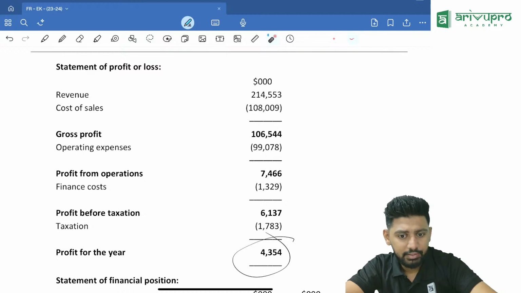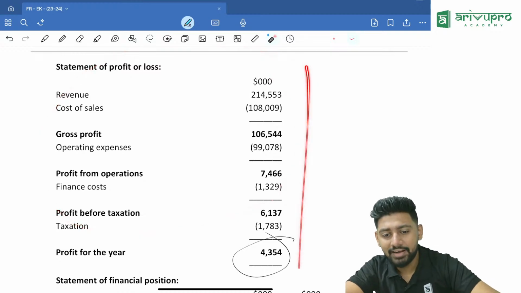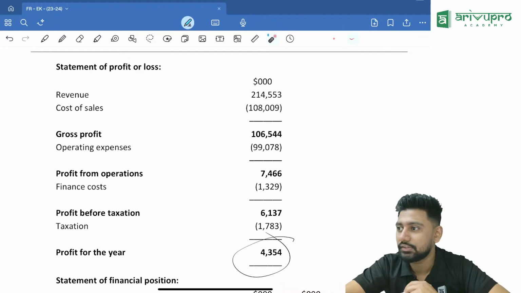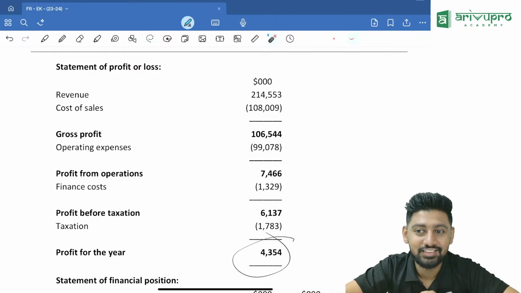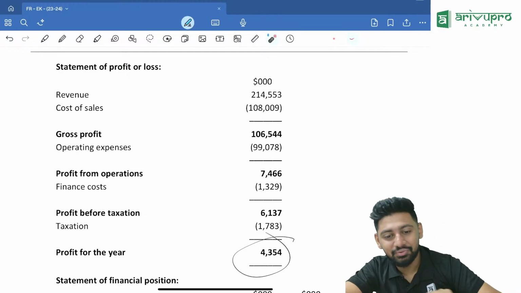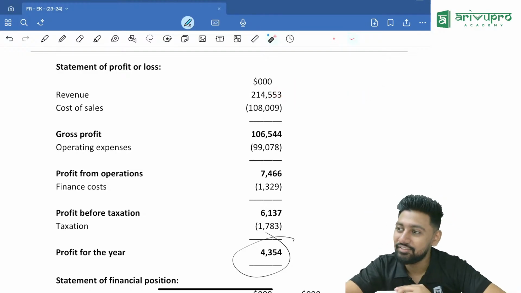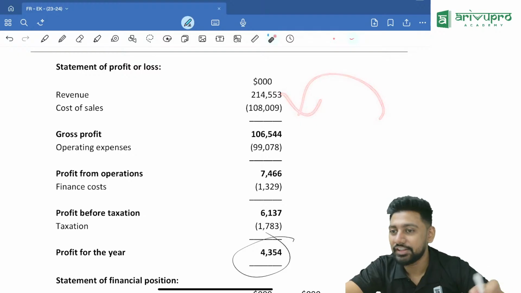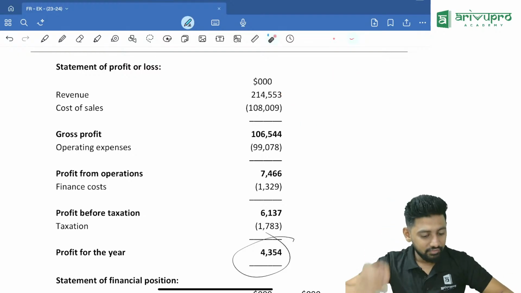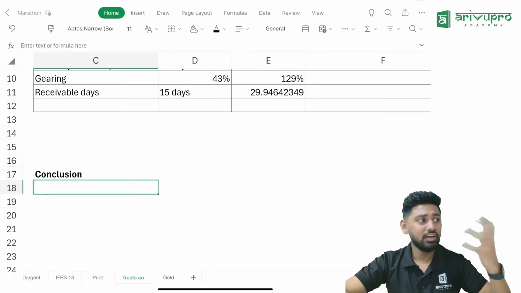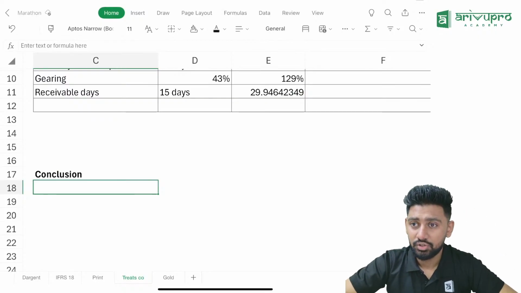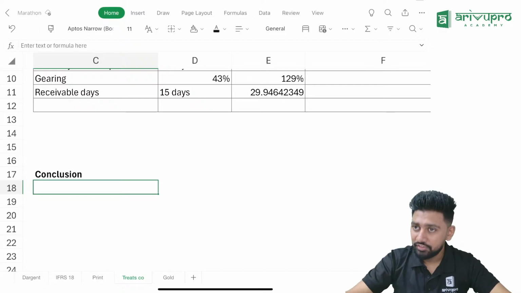But for me, do I have a good comparison? Meaning, I don't have last year's financial statements, so I do not know if there is an increase or a decrease in revenue, for example. As part of my conclusion, I would say I don't have enough information.